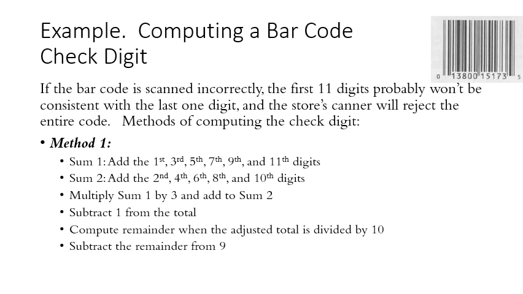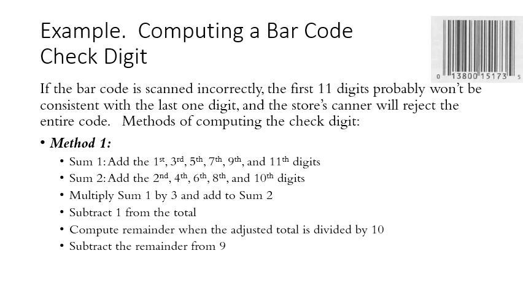The method of computing the check digit is: first we sum the first, third, fifth, seventh, ninth, and 11th digits, and we have a second sum, which adds the second, fourth, sixth, eighth, and 10th digits.